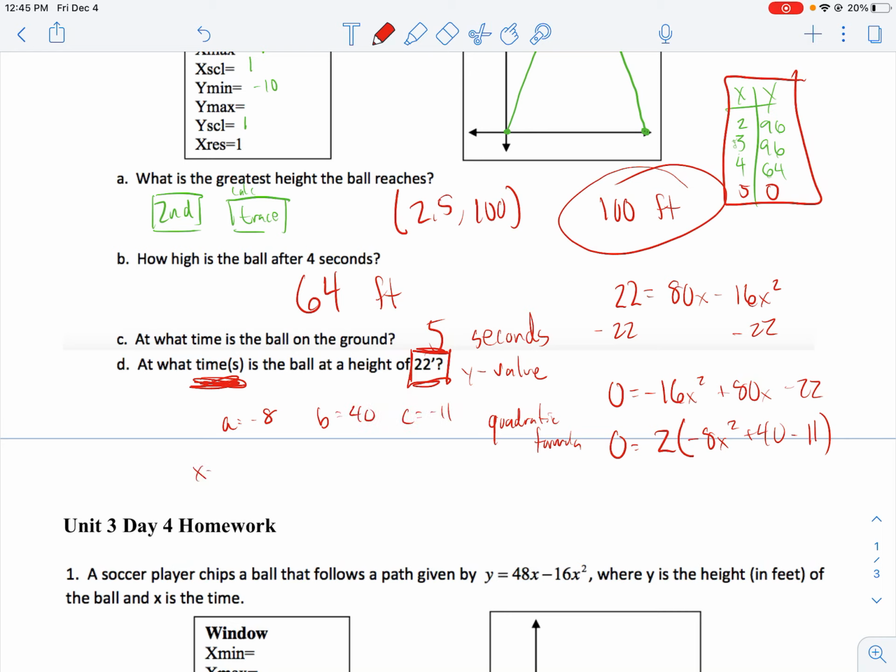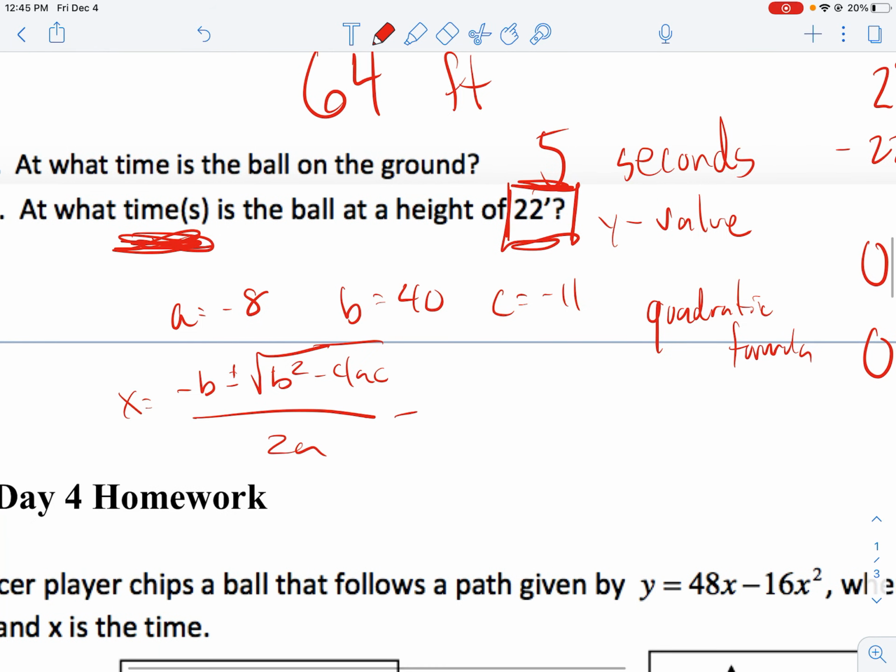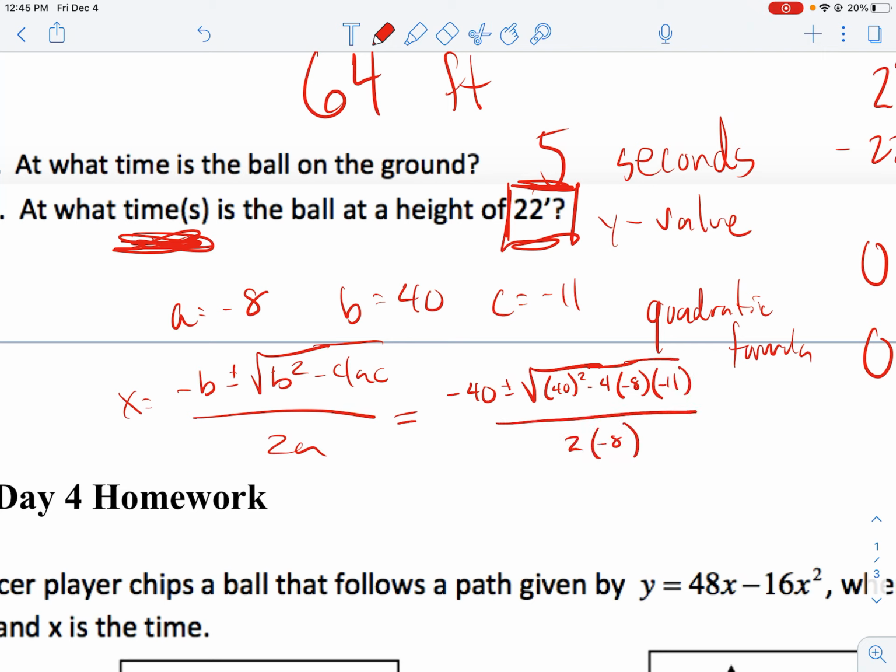So I plug everything in. x is equal to negative b plus or minus square root b squared minus 4ac all over 2a. Fill in the blanks here. So it's going to be negative 40 plus or minus square root of 40 squared minus 4 times negative 8 times negative 11 all over 2 times negative 8.